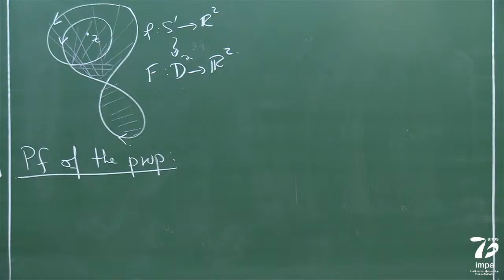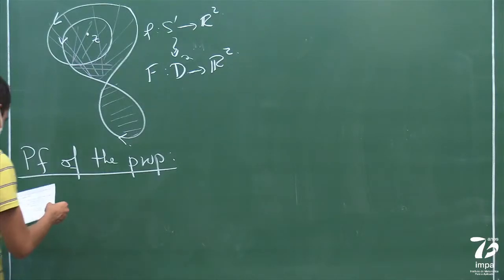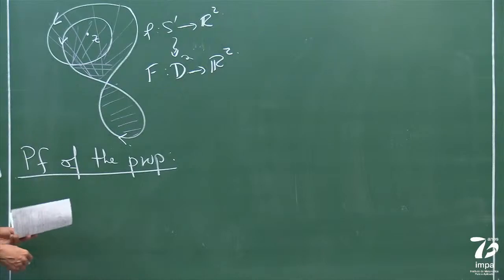Okay, so we could perturb F to be transverse to Z, and again we can perturb.